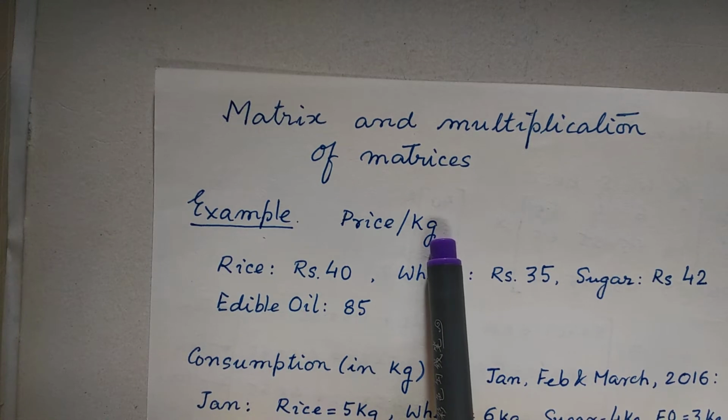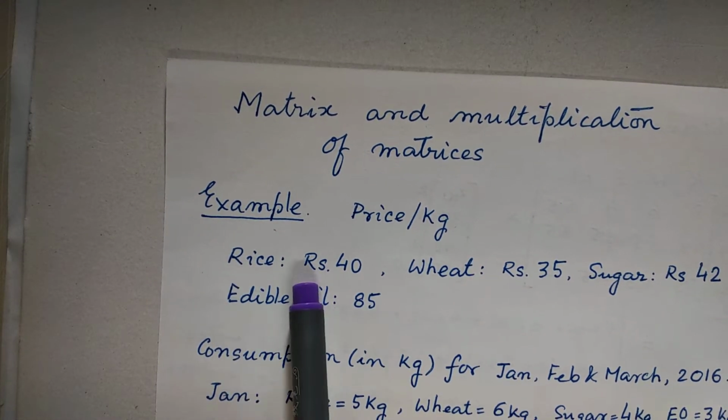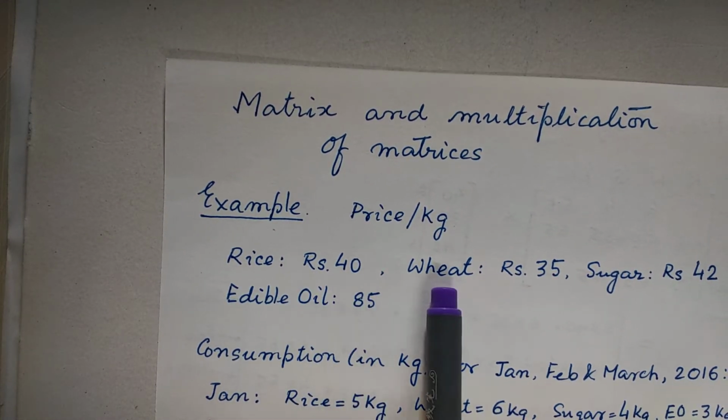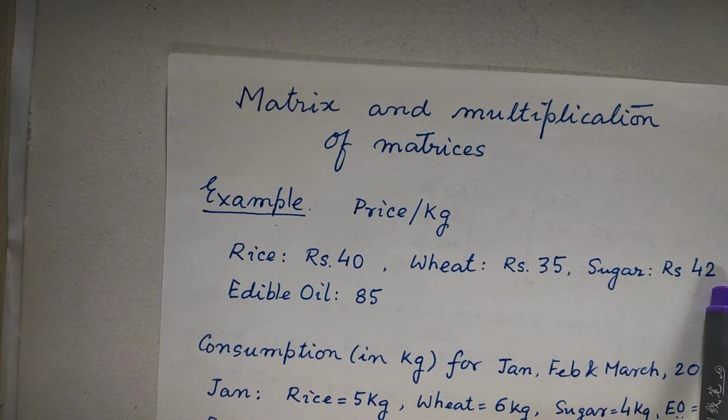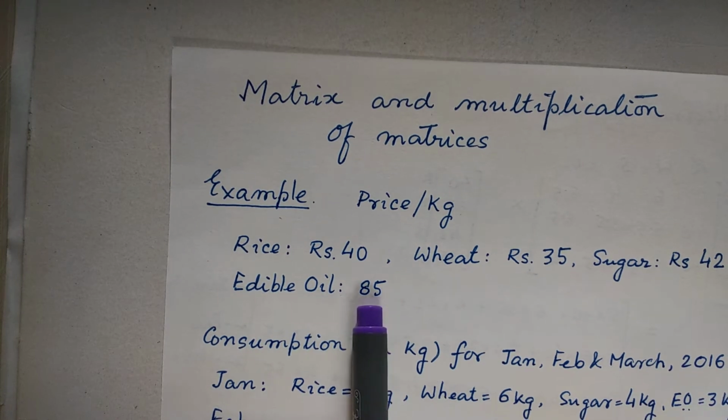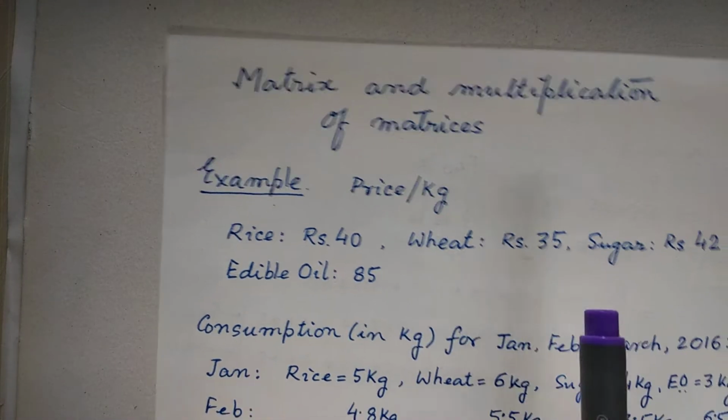Price per kg. Rice is rupees 40 per kg, wheat rupees 35 per kg, sugar rupees 42 per kg, edible oil rupees 85 per kg.